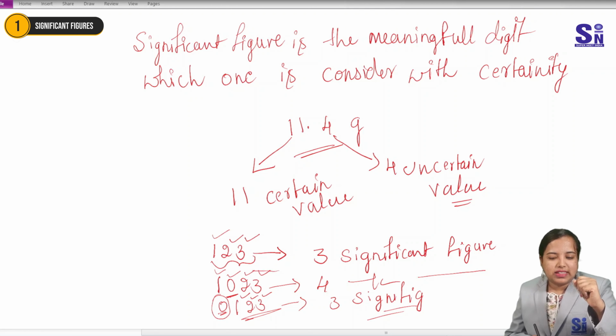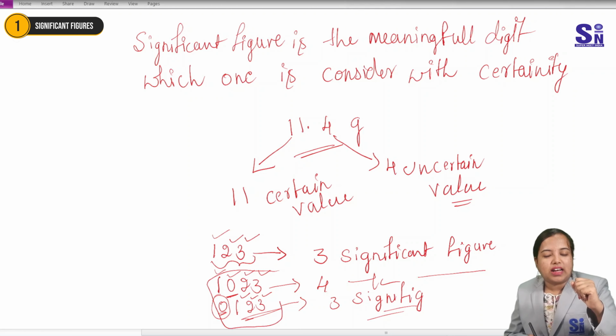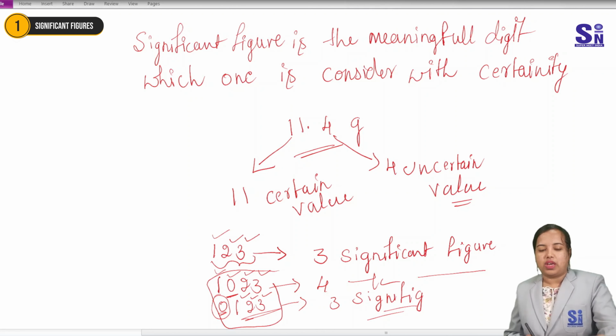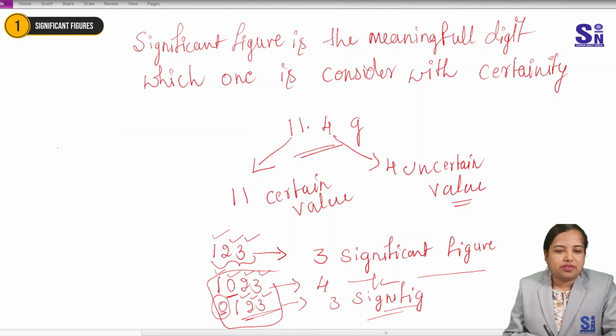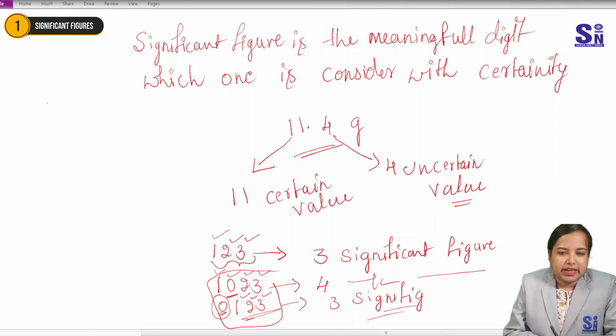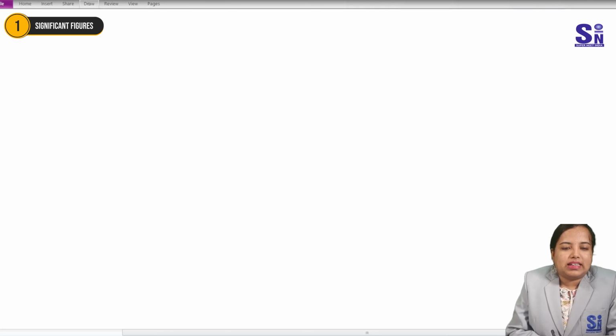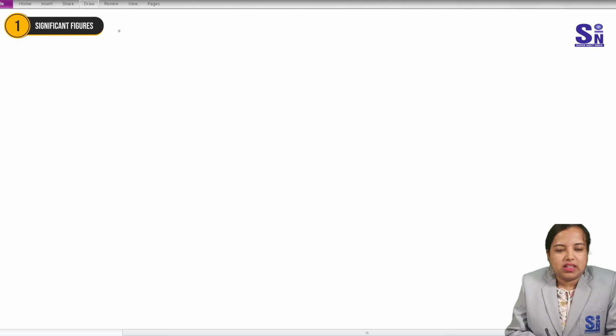So for this question, we need to understand the rules. What are the rules to understand, to write a significant figure? Okay, let us start by understanding significant figures, let us understand the rules to consider significant figures.